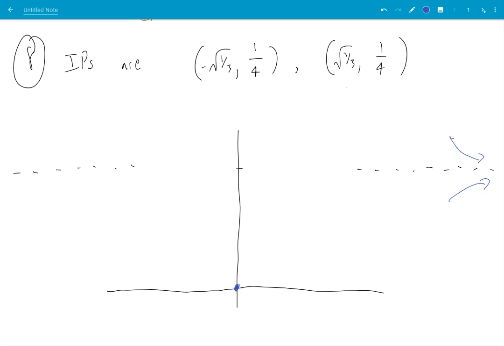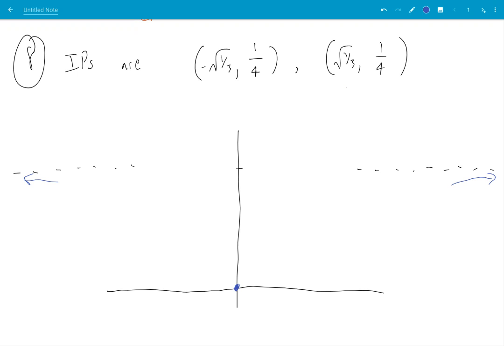If it were the one on top, then it would have to do something like that. That would imply a maximum, but I never found a maximum, right? So it's not going to be that one. It's going to be this one here. Similarly, it's going to be on the left like that.